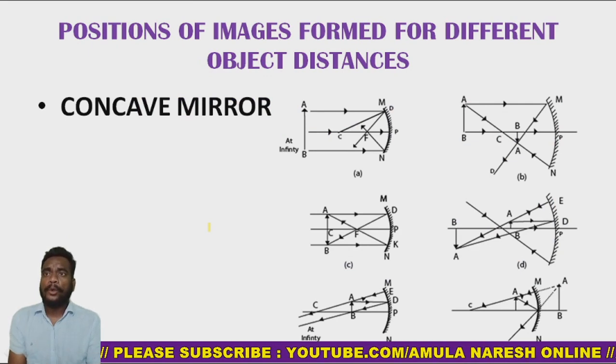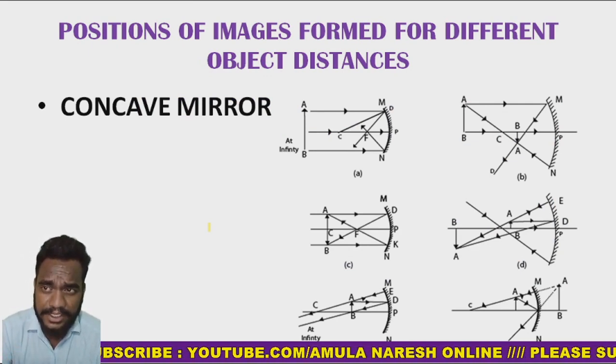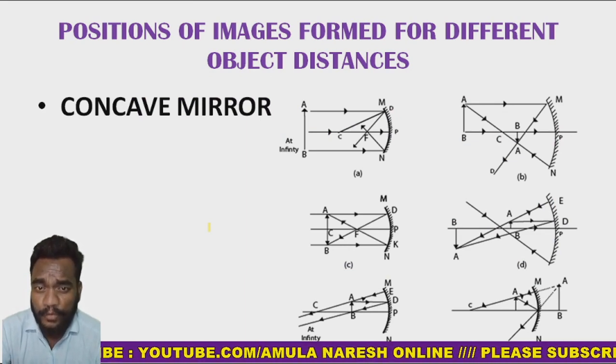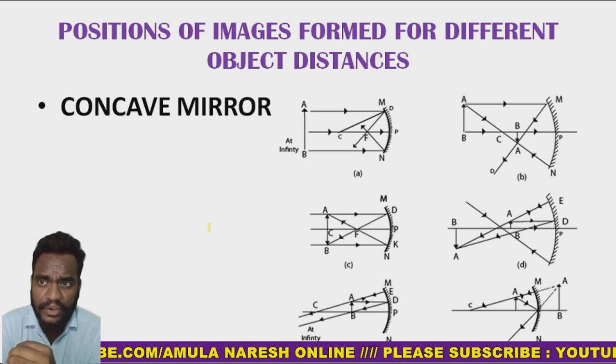Now, positions of images formed for different object distances. First, the concave mirror. What happens when we place an object at different positions in front of a concave mirror?